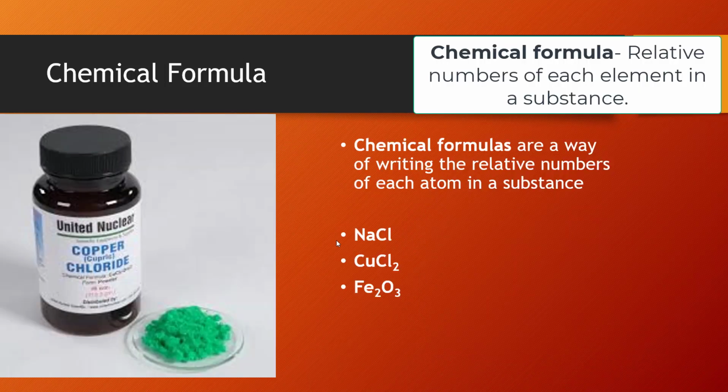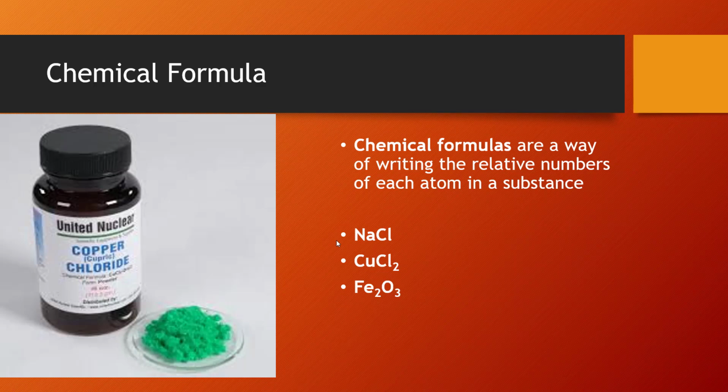The chemical formulas are a way of writing the relative numbers of each element in a substance. So that is going to be something like NaCl, so sodium chloride, or CuCl2, which is this cupric chloride. So cupric just means there is a +2 charge on the copper and a -1 on the Cl. And then Fe2O3, well, that's just rust.